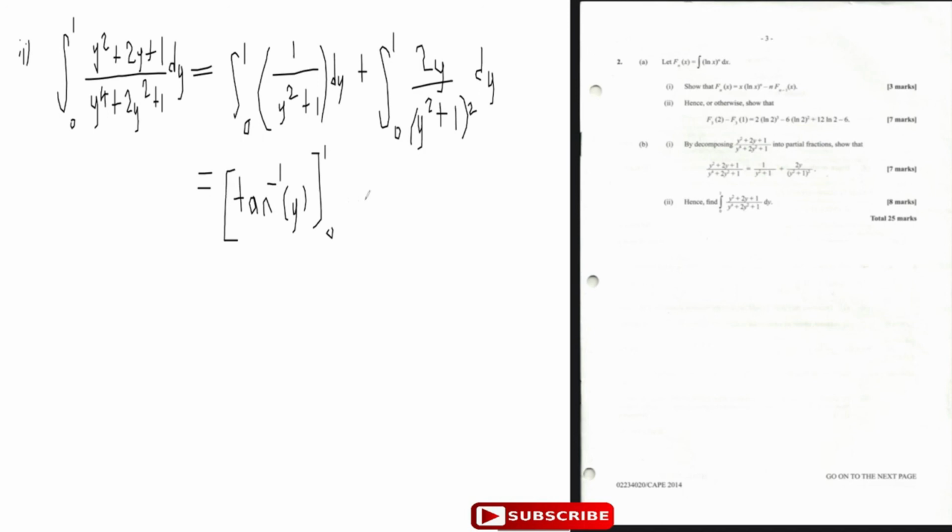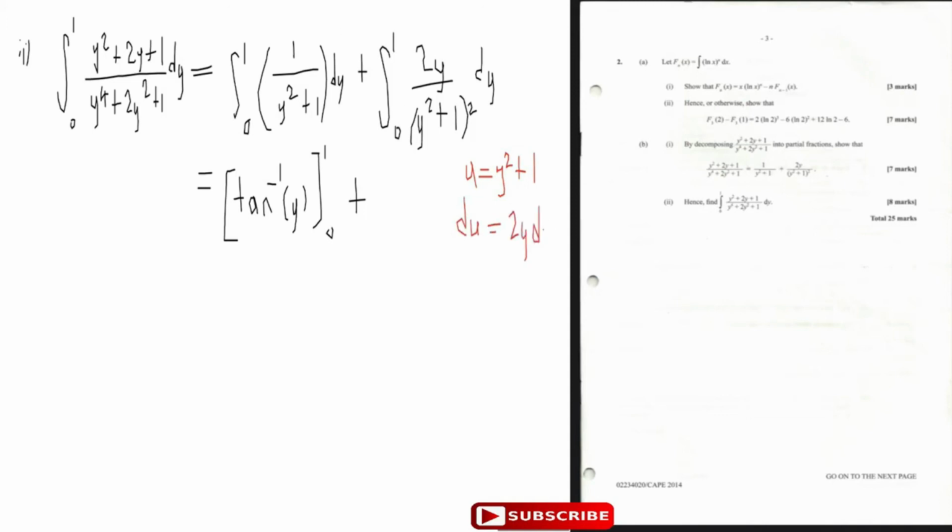Plus, now let's do the rest, this integration here. If we call u equal to y squared plus 1, then du would be 2y dy.